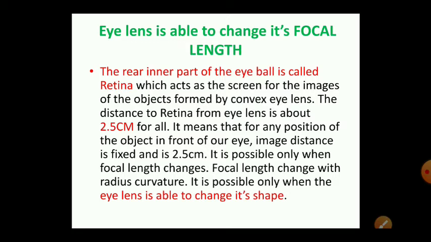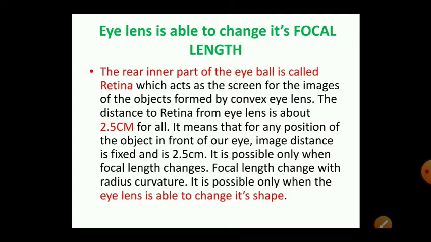But here, for any position of the object, the image distance is fixed in our eye, because the distance to retina from our eye lens is about 2.5 centimeters. How is it possible? It is possible only when focal length changes.